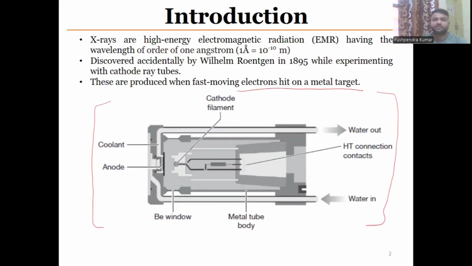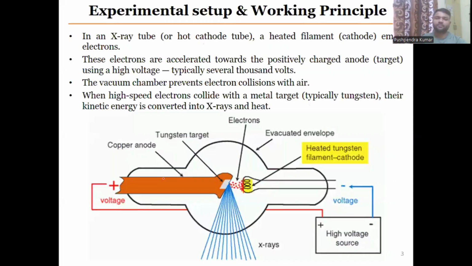There are some parts of this instrument. There is an anode and a cathode. The anode is positively charged, the cathode is negatively charged. Coolant is used to maintain the temperature of the instrument. So let's see the working principle of the generation of X-rays. This is the evacuated envelope where the anode and cathode are placed.